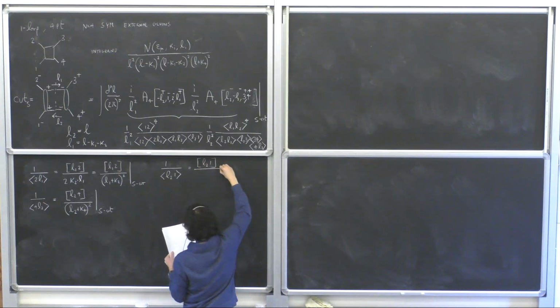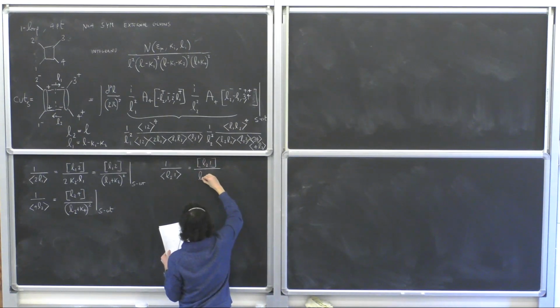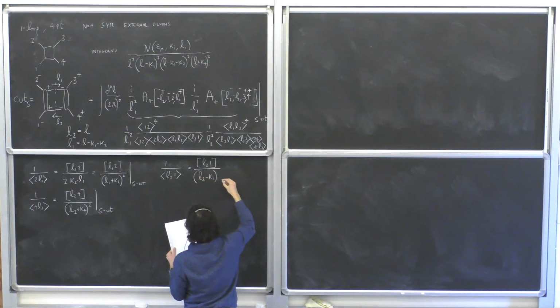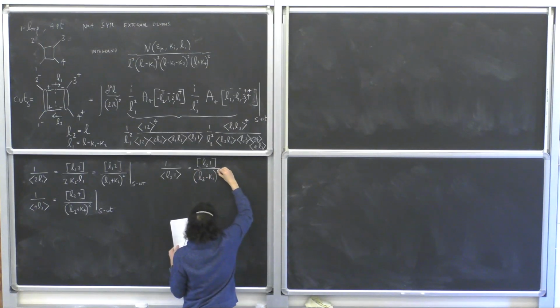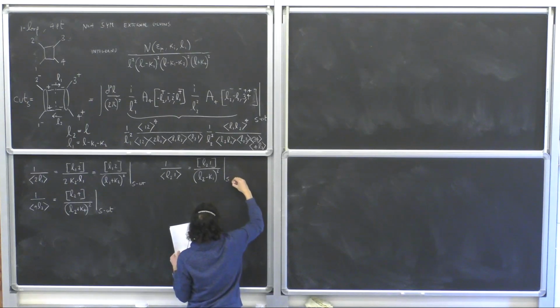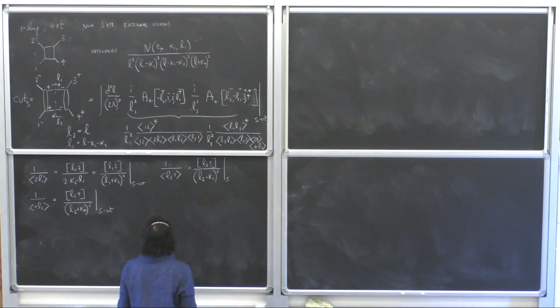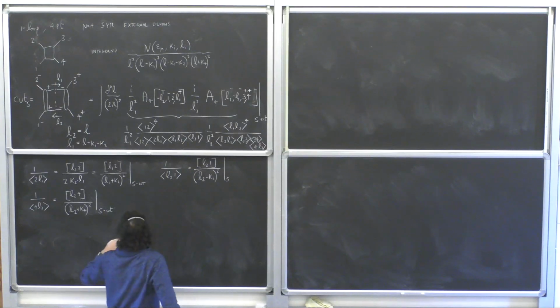Note the ordering in here, and this becomes L2 minus K1, again as on the S-cut. And we see here that I want to have a minus sign, and for this reason I keep the ordering in here.